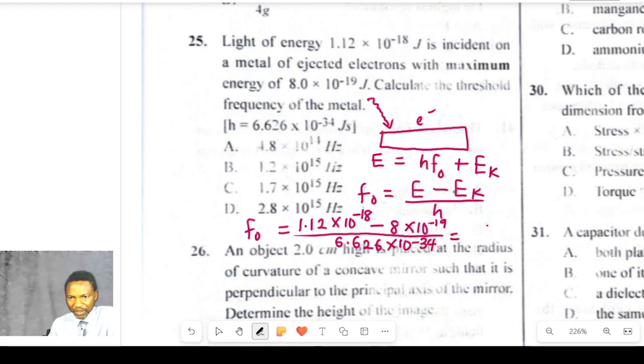That gives us 4.83 times 10 raised to power 14 hertz. So that is A.